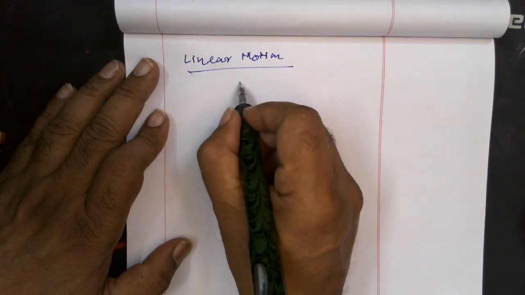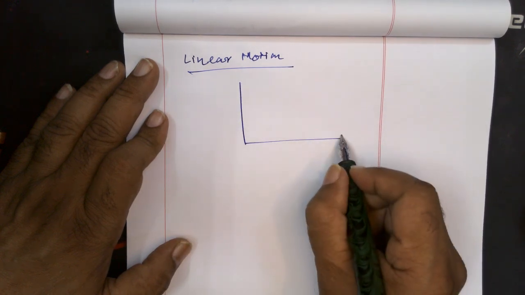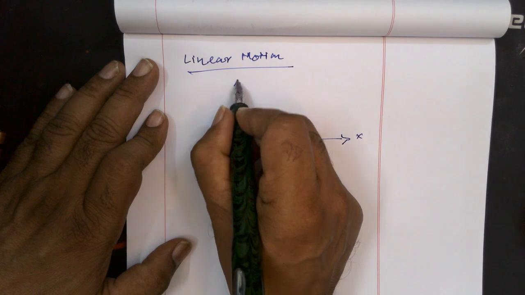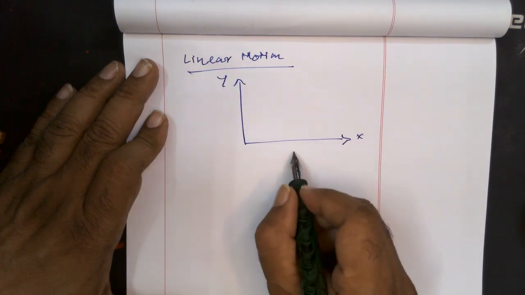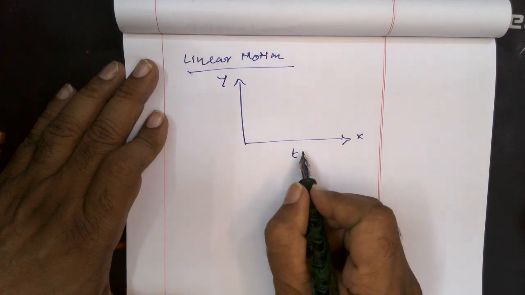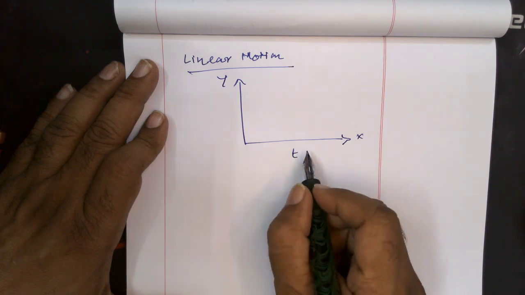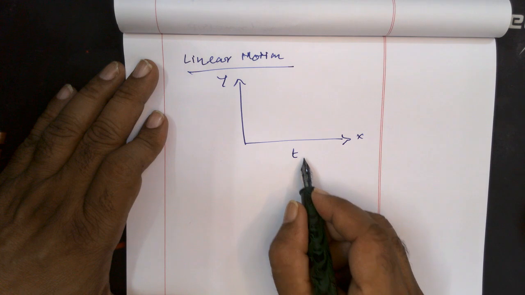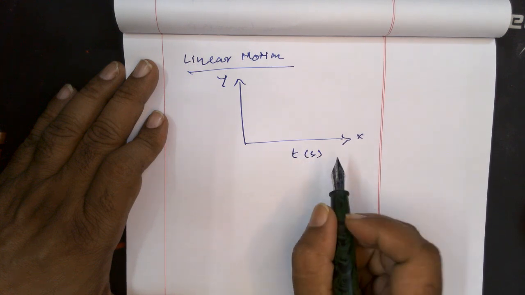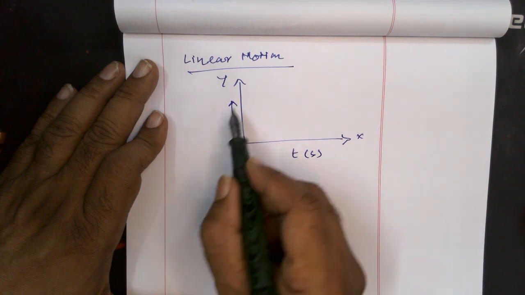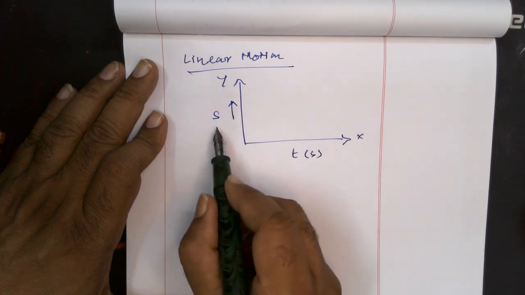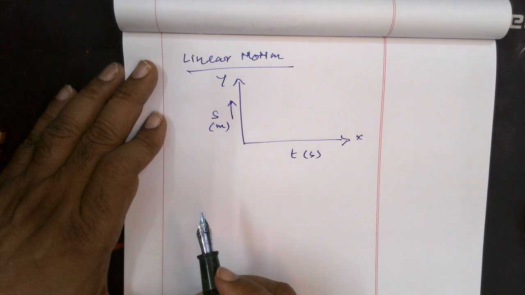For example, let me consider this graph. This is x-axis and this is y-axis. The x-axis is represented by t, time, in second, and y-axis, here it is s, that is given in meter.